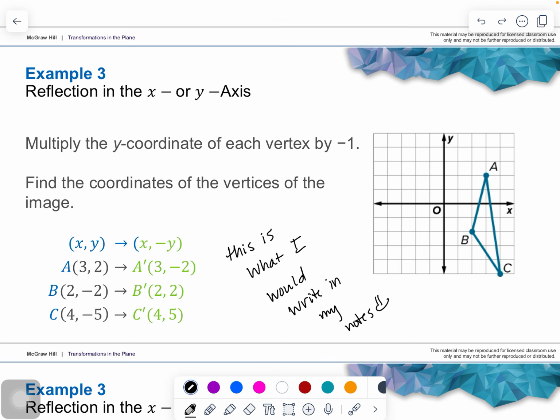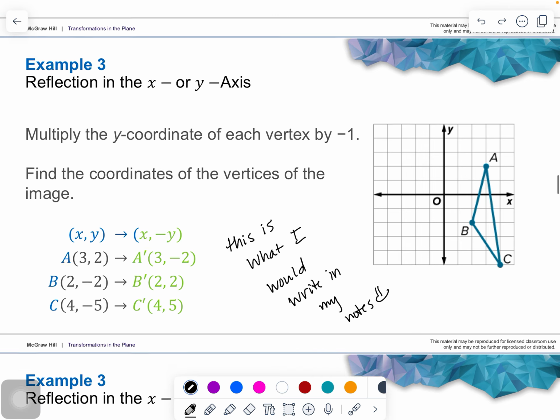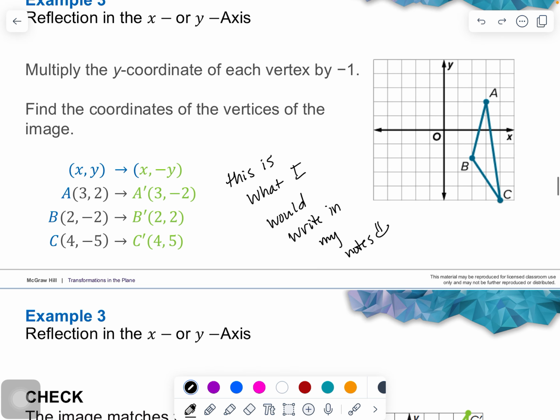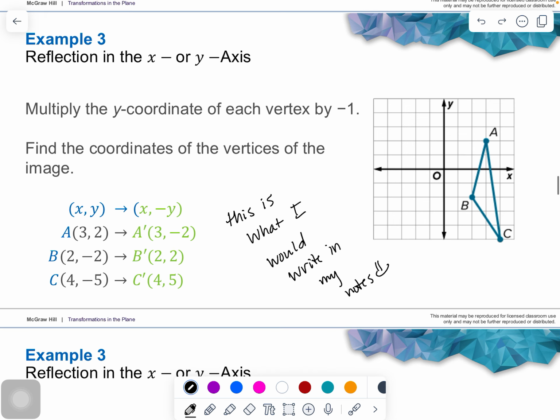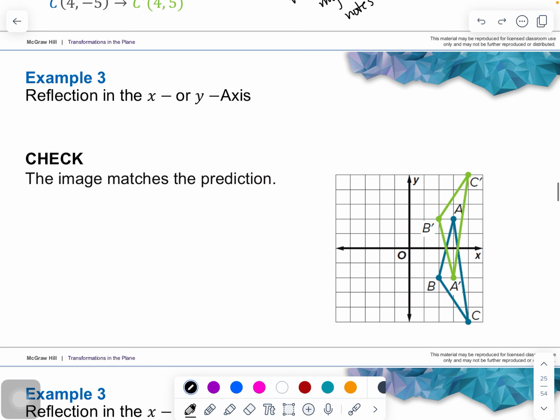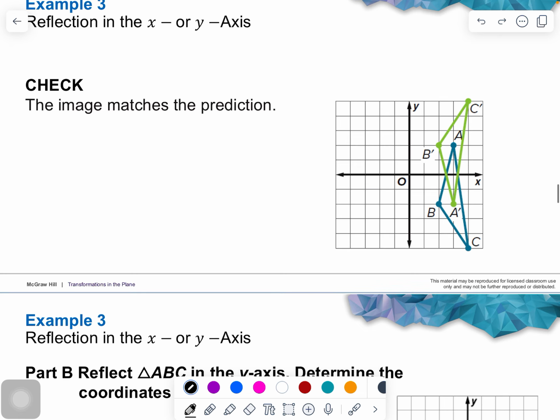There you go. Pause it if you need to. Okay. And then I check. Yep, those did flip it the other direction, yeah.